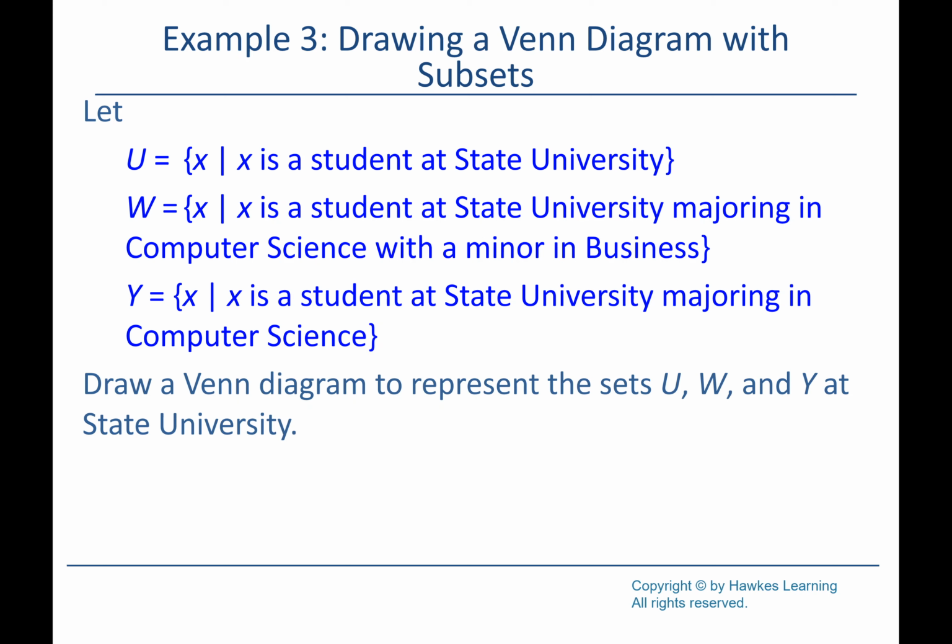So here we would say W is a subset of Y. And if we write that down with our weird little notation, it really looks more like this. W is a subset of Y.